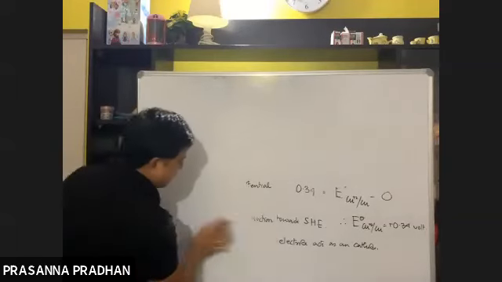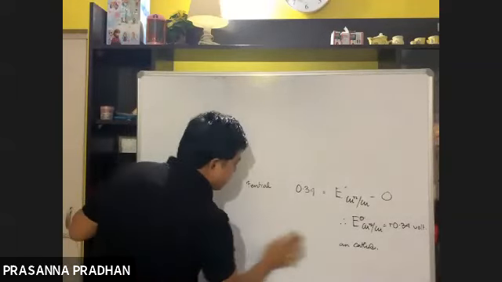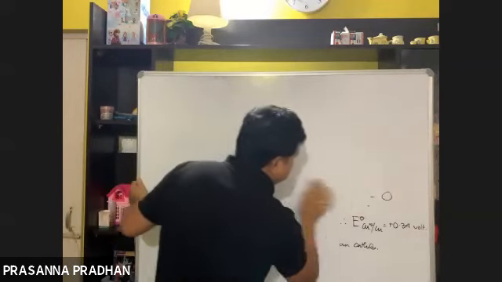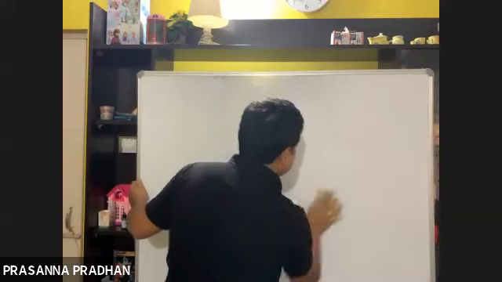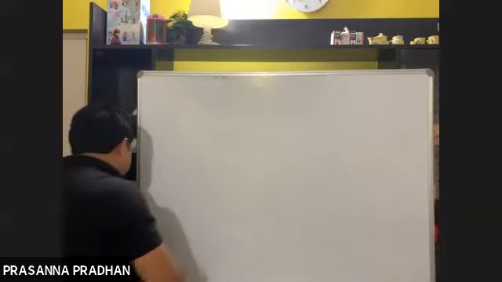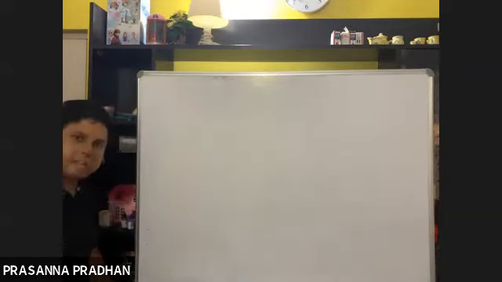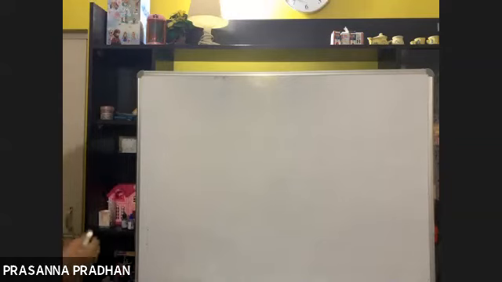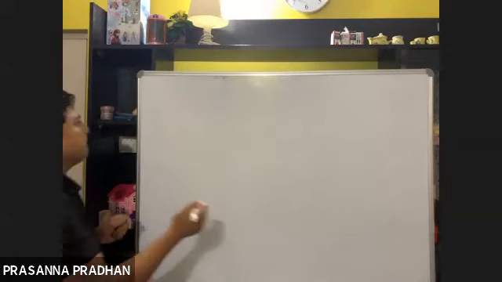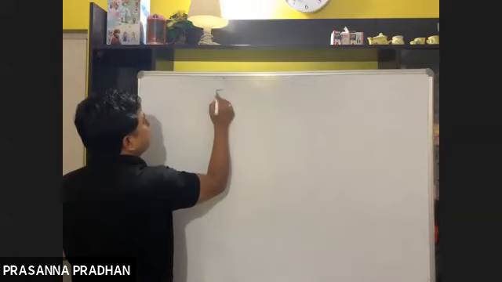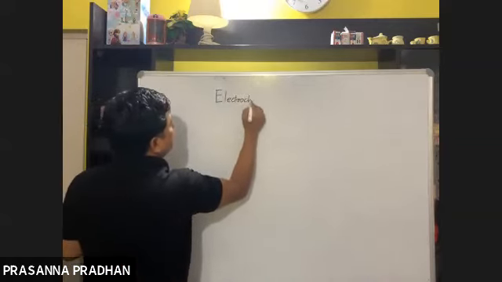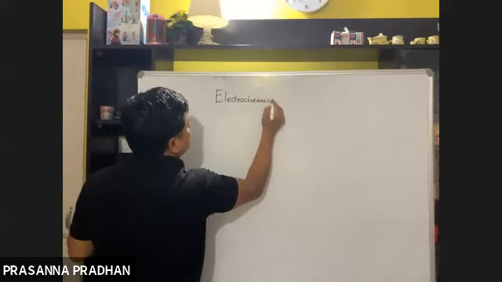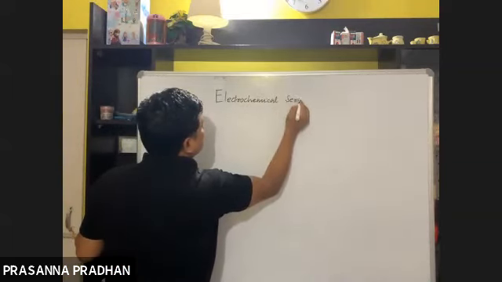Okay. And the different reduction potential values of metals are now arranged in increasing or decreasing order, and a series is obtained known as an electrochemical series.